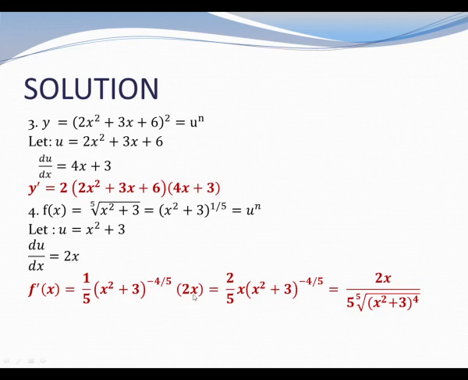And then simplifying, we multiply the 2x by 1/5. So 2/5 x times the quantity x squared plus 3 raised to negative 4/5. Or we can also express it, since it is a negative exponent, by bringing it to the denominator. So we have a final answer as 2x over 5 times the fifth root of x squared plus 3 raised to the fourth power.